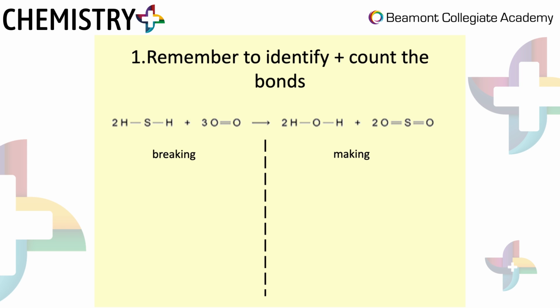So let's just go through this. Breaking, we've got 4 times HS, 3 times the double O. On this side, we've got 2 times 2 lots of HO and 2 times 2 lots of S double bond O. Now we've got to use the data provided in the table to calculate the breaking and making.